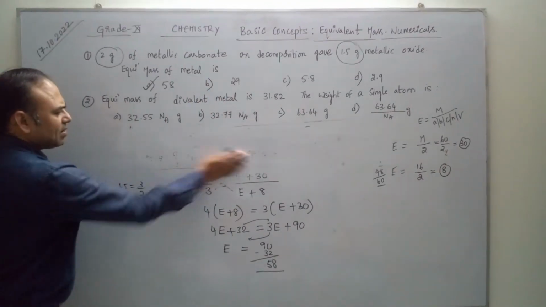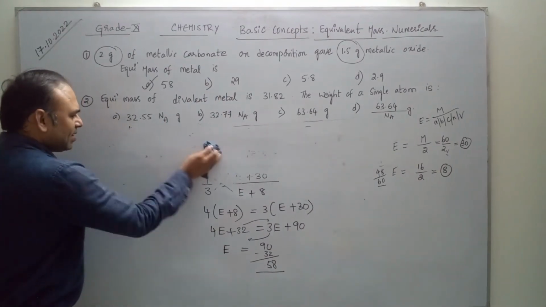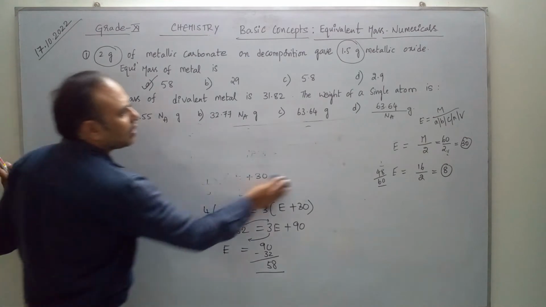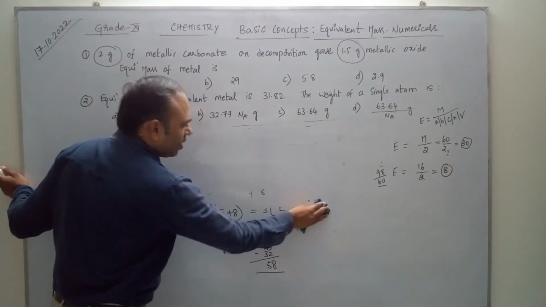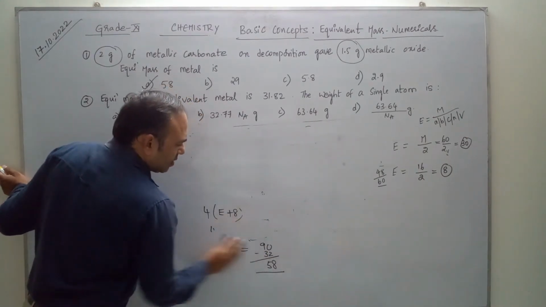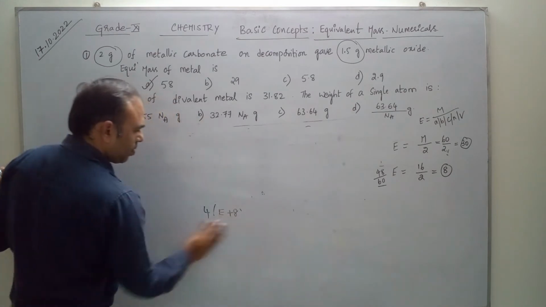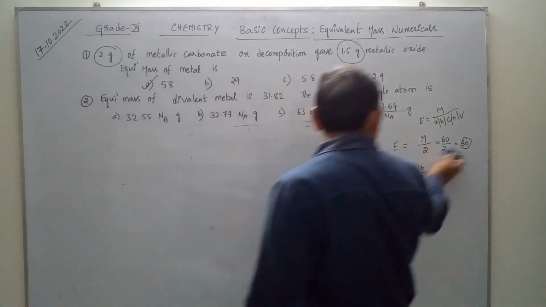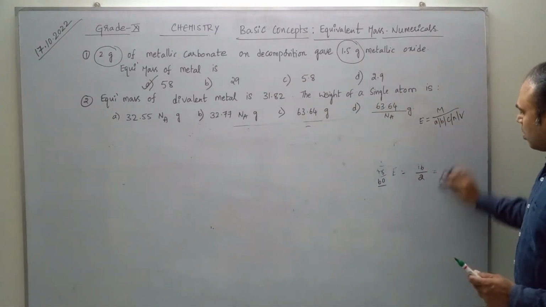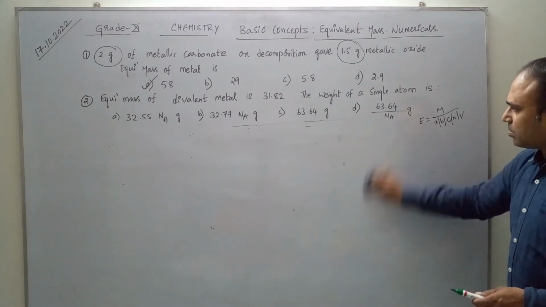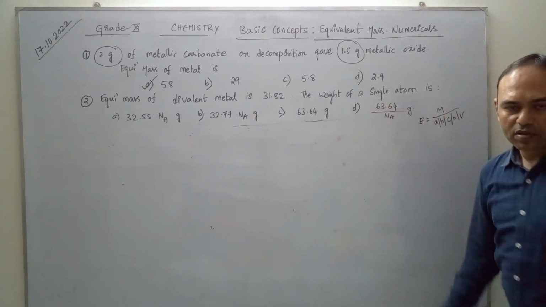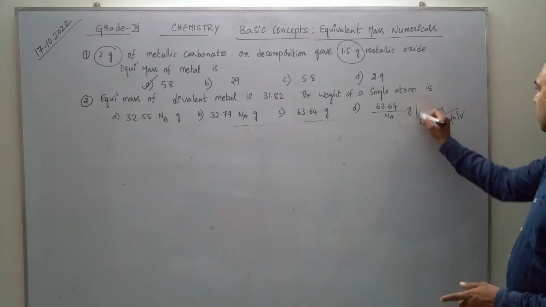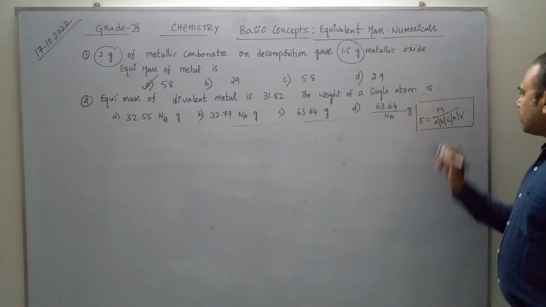So equivalent mass is given and the valency is also given, and they are asking what is the mass of a single atom. So this is also very simple. Once again stick to the basics. We know the first formula, that is E is equal to M by valency.